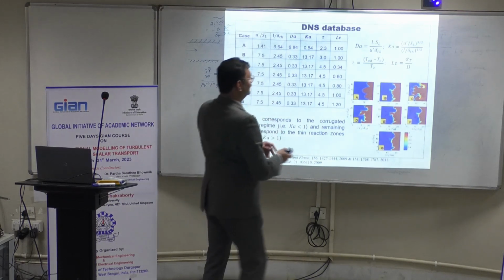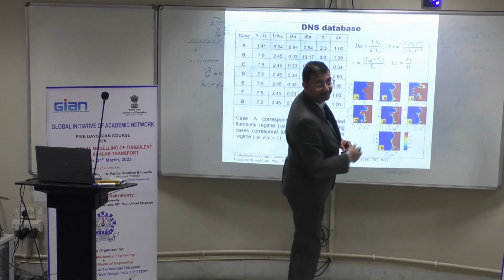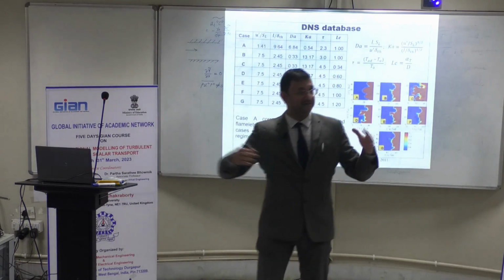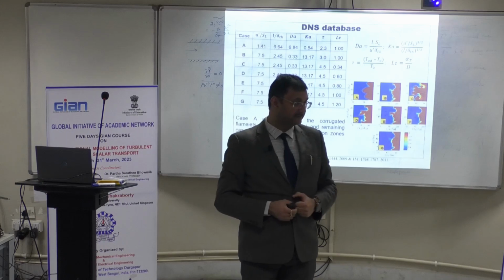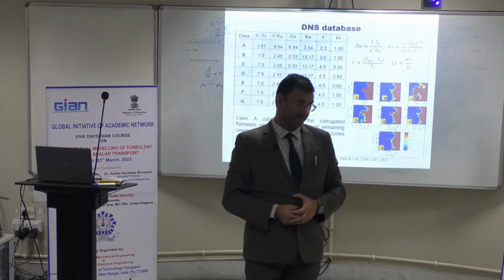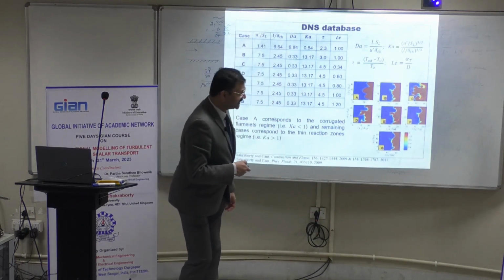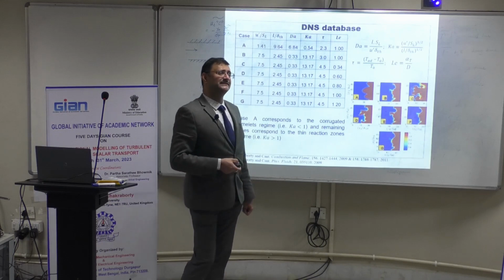So essentially, a combination of high reaction rate here and low reaction rate there means you can have a higher extent of wrinkling. Okay? And this effect strengthens with decreasing Lewis number.